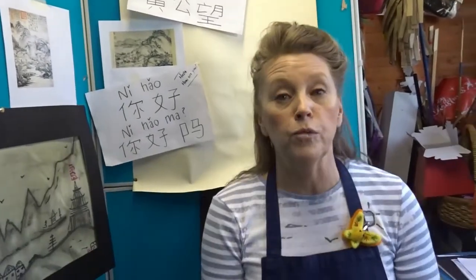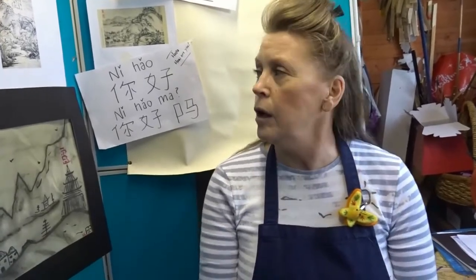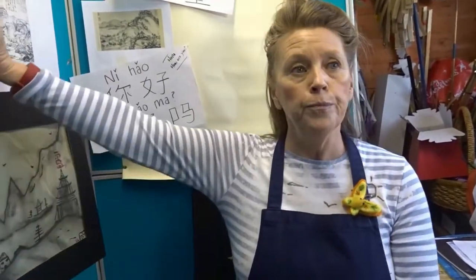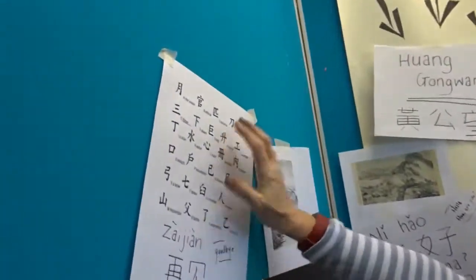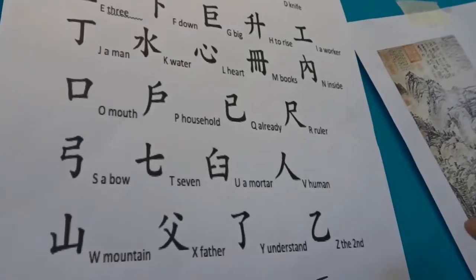So I thought, being inspired by Huang Gongwang's style of painting and pictures, we would produce a piece of art based on Gongwang. So what we will need is some symbols which you can search on Google for and print off.